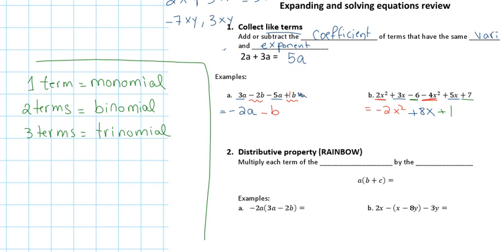You're going to hear me say these words, and you need to know what I'm referring to. Anything over one term is a polynomial, but there are specific names for them. For four terms or more, we don't specify anymore. We just say polynomial.